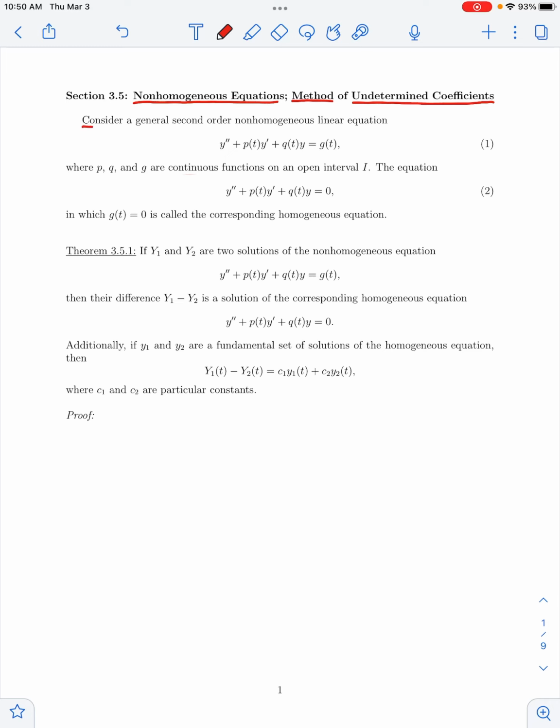Let us consider a second-order non-homogeneous linear differential equation of the form y'' + p(t)y' + q(t)y = g(t), where p, q, and g are continuous functions on some open interval I, so that a solution is guaranteed to exist.